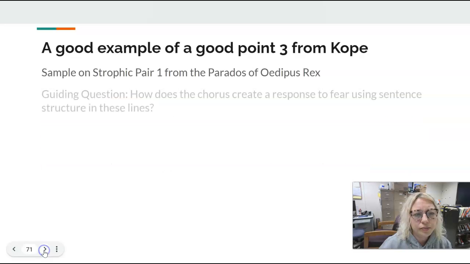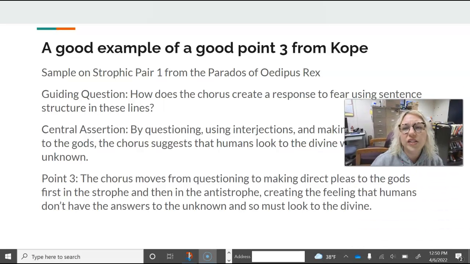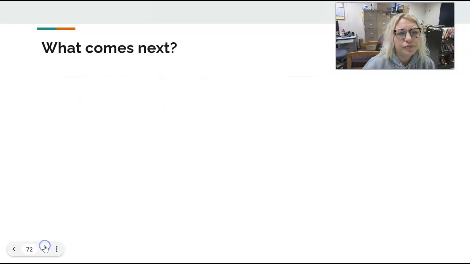Then my third point is the chorus moves from questioning to making direct pleas to the gods, first in the strophe and then in the antistrophe, creating the feeling that the humans don't have the answers to the unknown and so must look to the divine. All right, so each point is answering the guiding question. It includes an authorial choice and some kind of effect or meaning, and it's somewhat interesting.